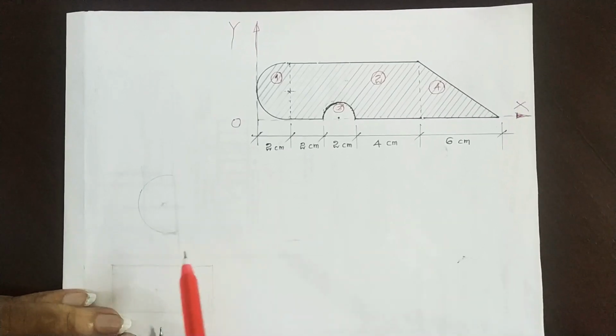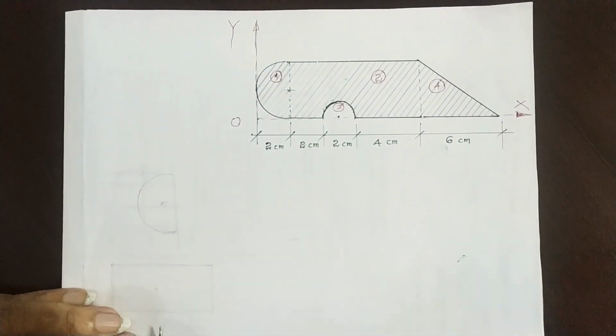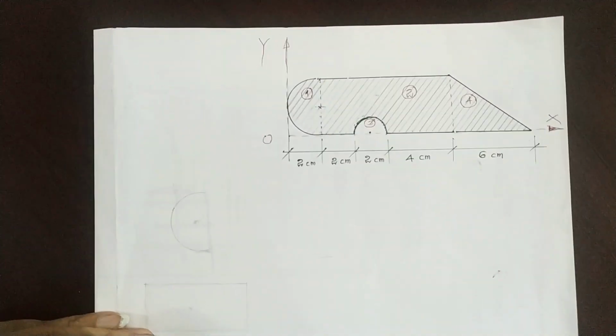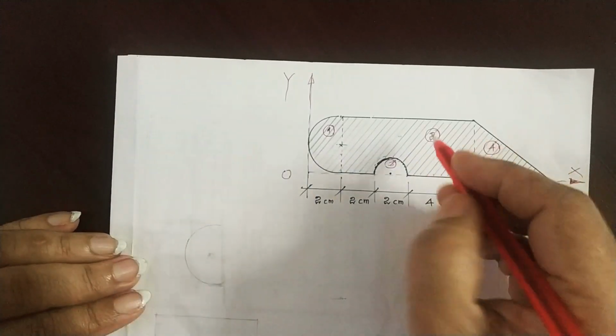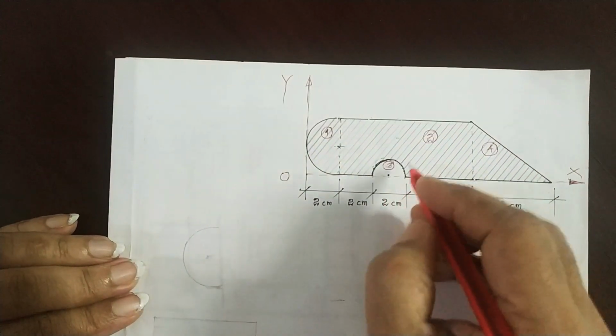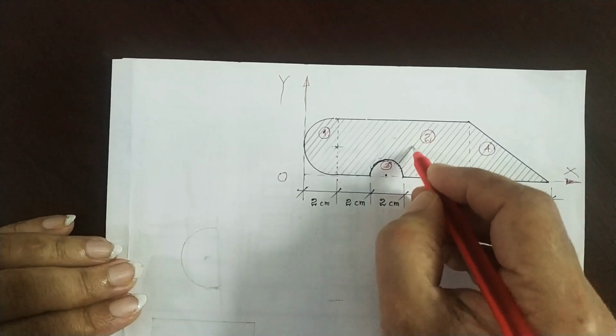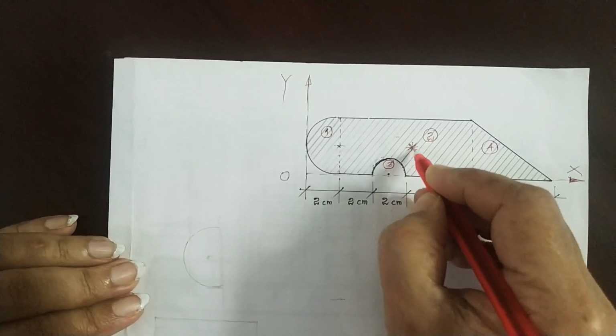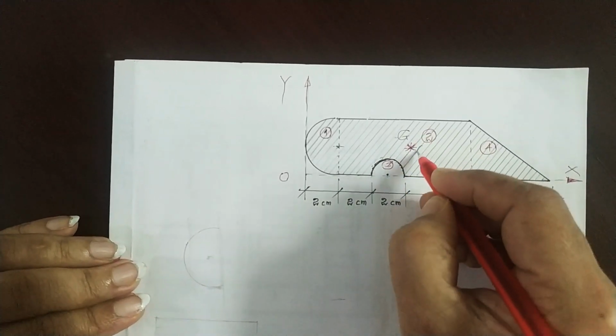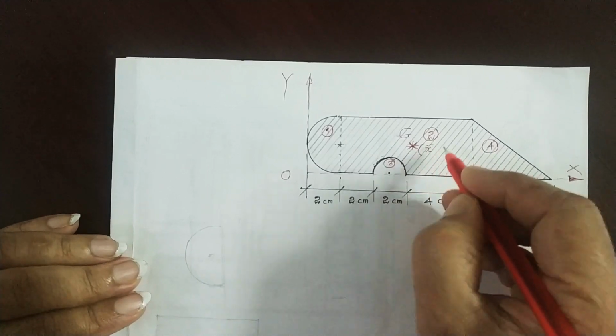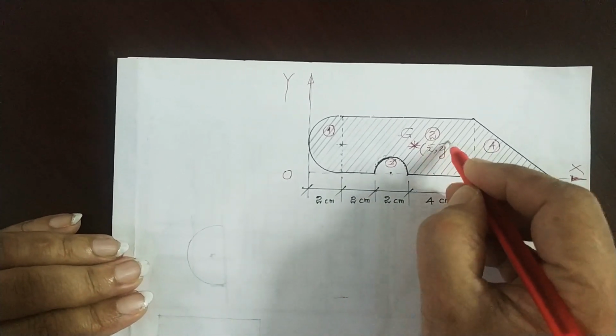Right? So, you know that the centroid of this whole composite lamina, we don't know where it is. Let it be this point G, whose coordinates are x bar, y bar.